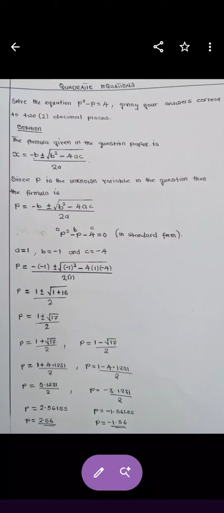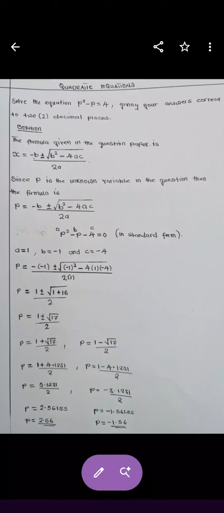Next, we are going to identify the values of a, b, and c. Remember, a is the number in front of the unknown variable which is raised to the power 2. The first term, p, is the one raised to the power 2, and the number in front of p to the power 2 is 1.